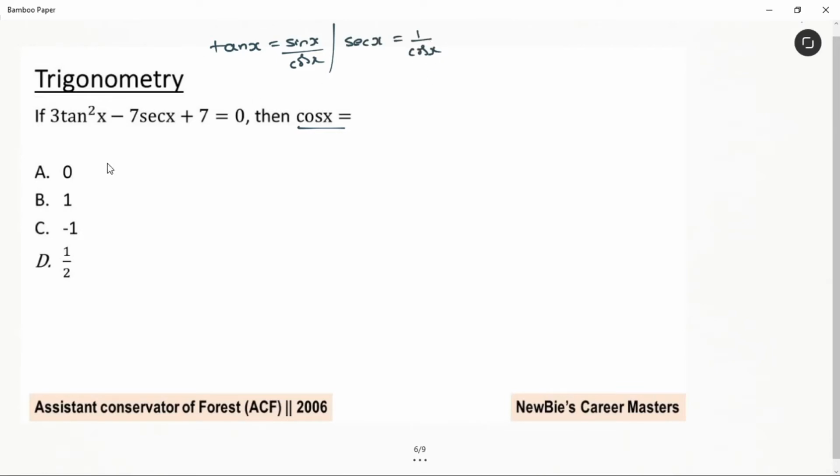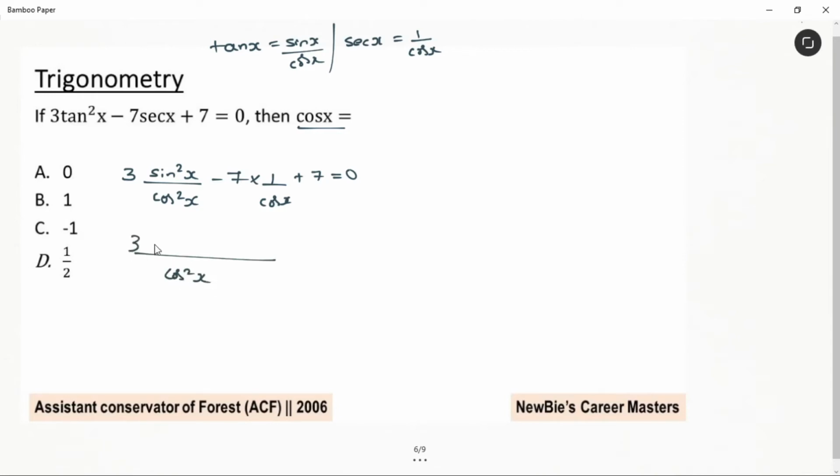Let's put this into the question now: 3 sin square x divided by cos square x minus 7, instead of secant x, I'll take this as 1 divided by cos x, plus 7 is equal to 0. Now cos square x is the LCM. Okay, let's take cos square x as the LCM.